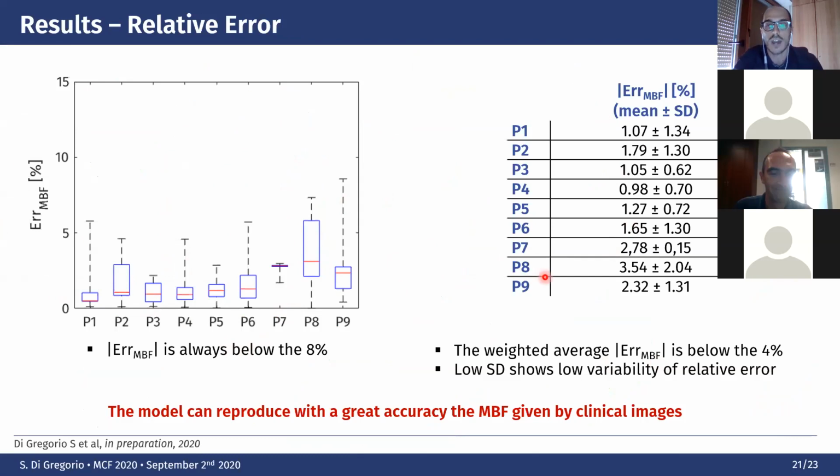The table on the right shows us that the average error is always below 4%, and the low standard deviation proves that there is a low variability of the results. So the model can reproduce with good accuracy the myocardial flow given by clinical images.